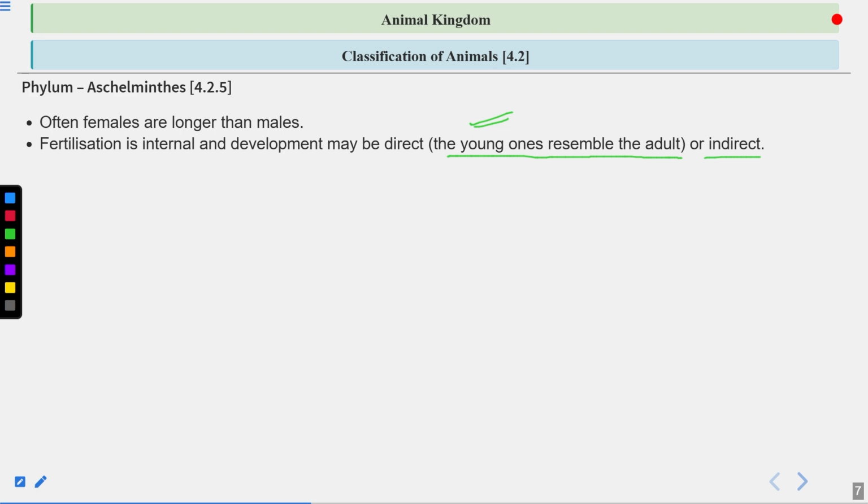So wherever you see it written that development is direct or indirect, it should come to your mind that if it is direct development, then the young ones totally resemble the adult. And if it is written indirect, then there must be some larval stage formation, right? Yes, metamorphosis is there that transforms the larval stage to the adult, right? That is called metamorphosis. Very good.